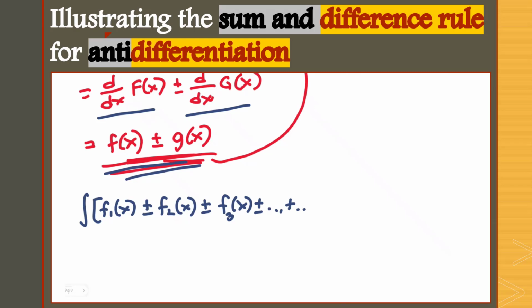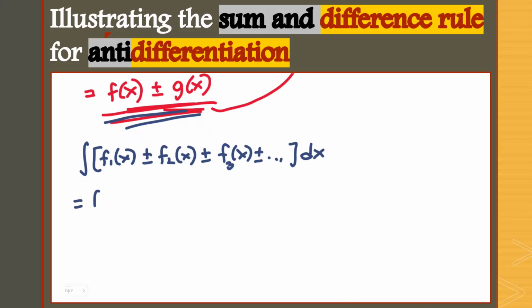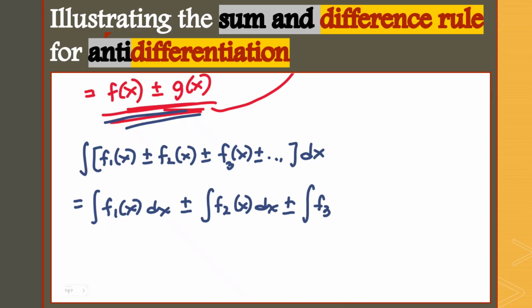Let's just have ellipses in that manner. Again, with respect to x, we could of course break them into separate forms. You have your integral of f sub 1 of x dx plus-minus, whichever operation separates the functions, the integral of f sub 2 of x dx plus-minus the integral of f sub 3 of x dx, and plus-minus so on and so forth.